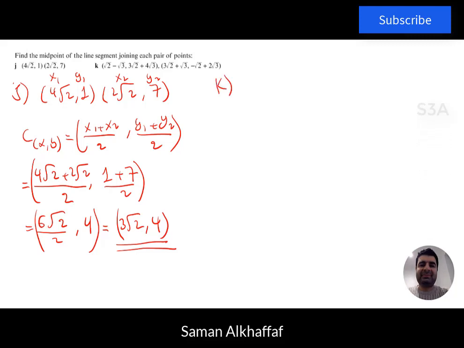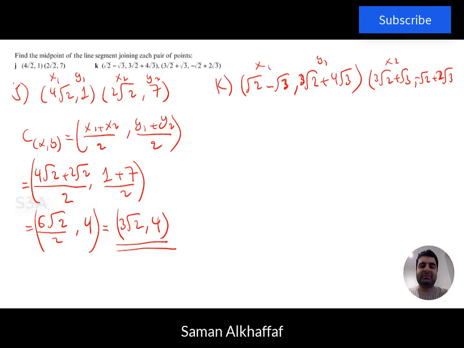For part K, we have the points root 2 minus root 3, and 3 root 2 plus 4 root 3, so that's x1, y1, and the second point being 3 root 2 plus root 3 as the x2, and minus root 2 plus 2 root 3 as the y2.